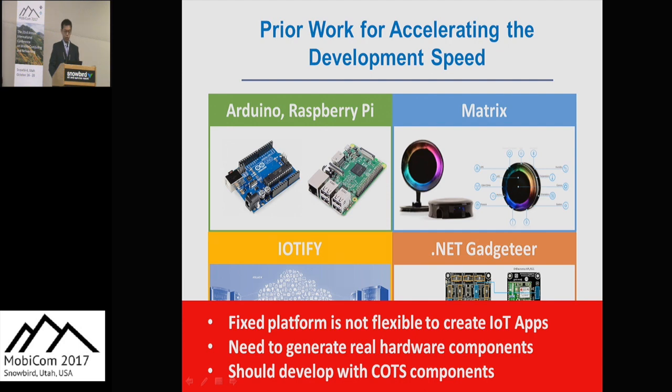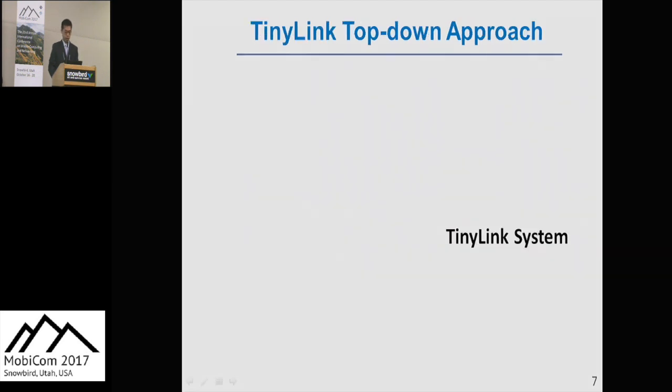IoT-Fi is a virtualization engine for building IoT applications, but we need to generate the concrete real hardware components. .NET Gadgeteer is an integrated platform to support developing IoT applications. However, it uses customized components, but we think it is important to develop IoT applications with commercial off-the-shelf components.